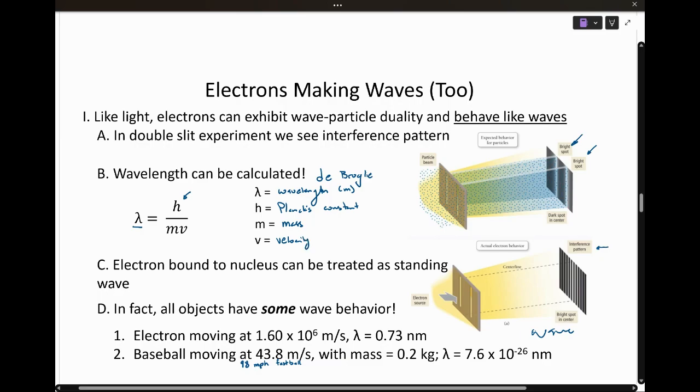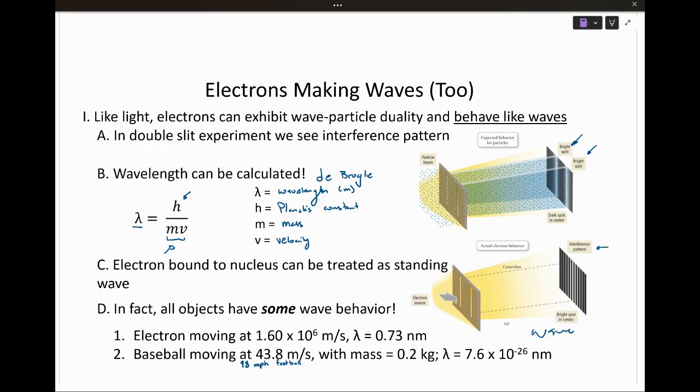This term, mass and velocity, we can also summarize as the momentum of whatever thing we're looking at. But it does depend on those two things.